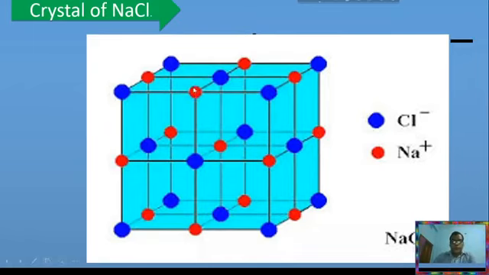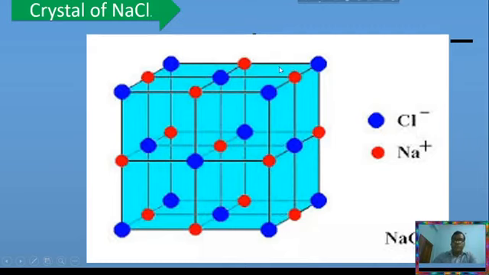The red ball indicated here is the sodium plus ion, and the blue balls are the chloride ions. This is blue, actually. If we consider this sodium, here is 1 chlorine, 2 chlorine, and 3 chlorine, and likewise there are another 3 chlorine in another part.